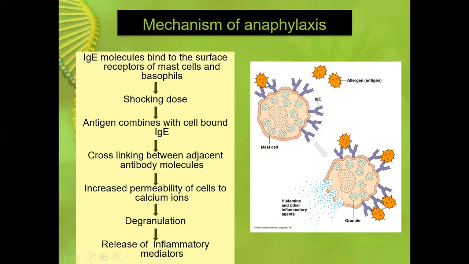And this cross-linking between the adjacent antibody molecules increases the permeability of cells to calcium ions, and then it causes degranulation. These are the granules, and they have been degranulated and release the inflammatory mediators, like histamines or cytokines, interleukins, etc. With the release of these inflammatory mediators, it causes inflammation.